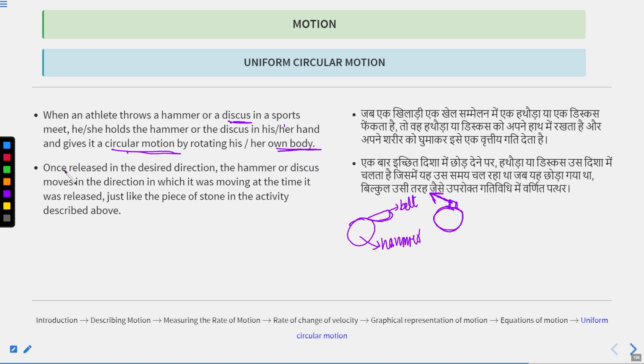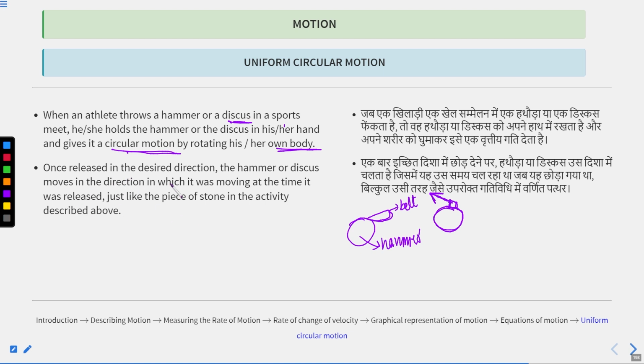Once released, when you release this disc or hammer, first what you do? You grab this hammer or this disc in your hand and you try to rotate it in a circular motion, and then you release it. And when you release it, it will go in that direction where you have just released it at that moment.